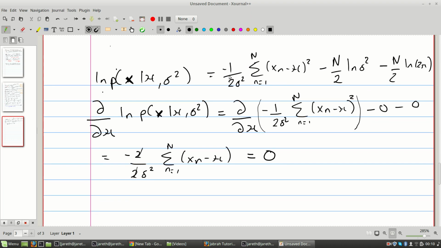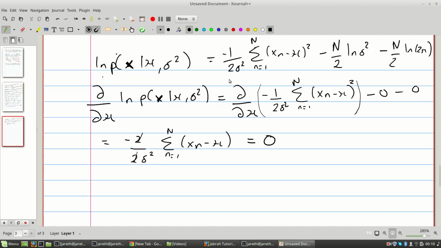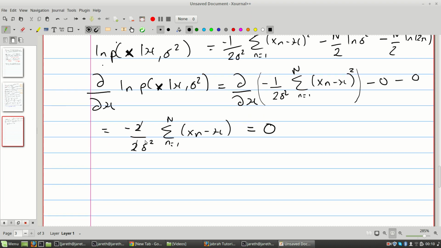sorry, I might have forgotten a term here. So actually no, it should be fine as it is if we look at it this way. So if we cancel out these two terms, it's minus 1 over sigma squared, so we reach this point. And what's the next point we're going to reach?